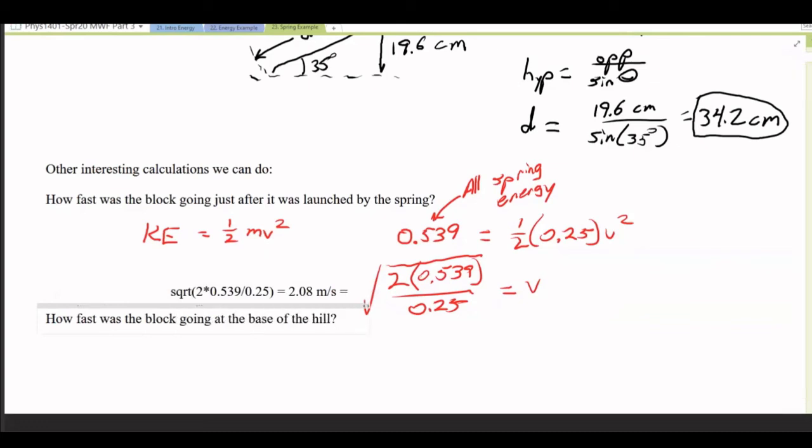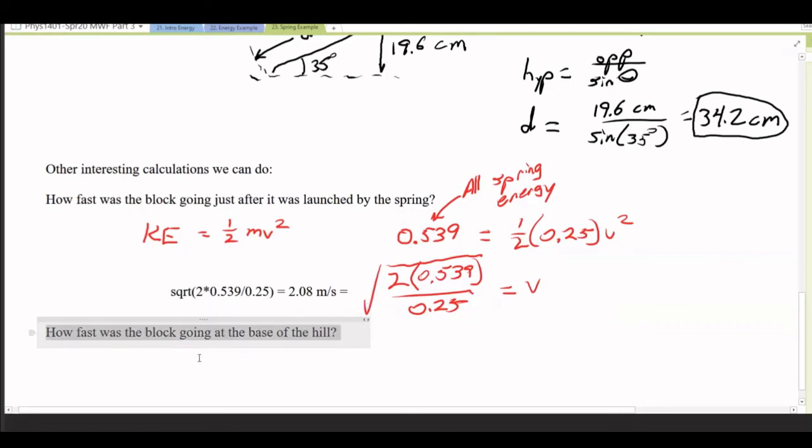How fast was the block going at the base of the hill?